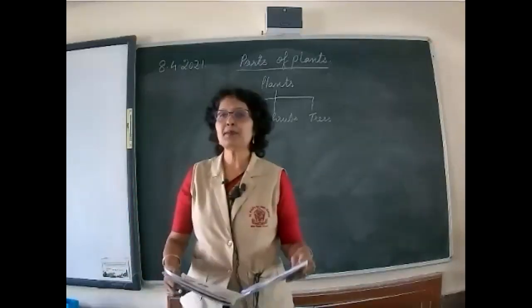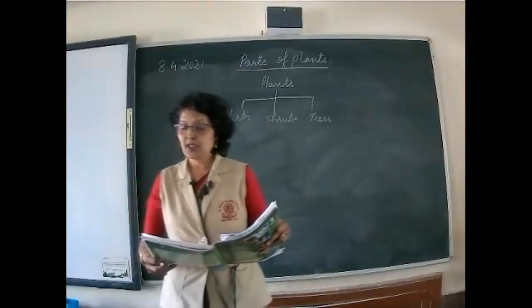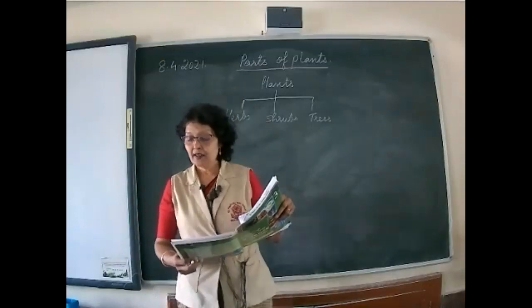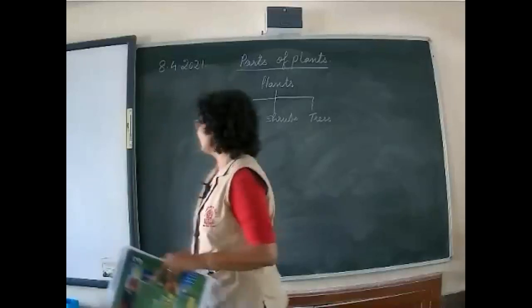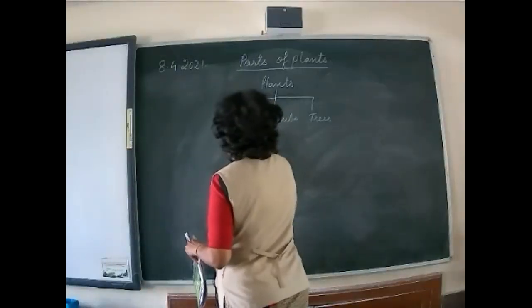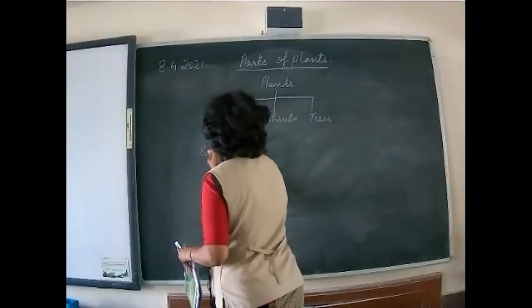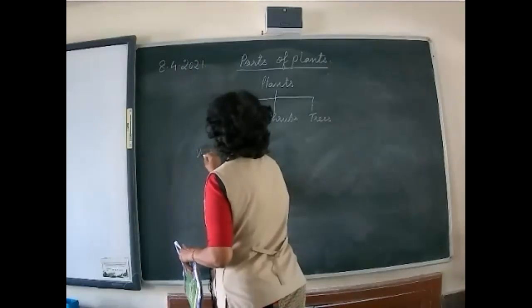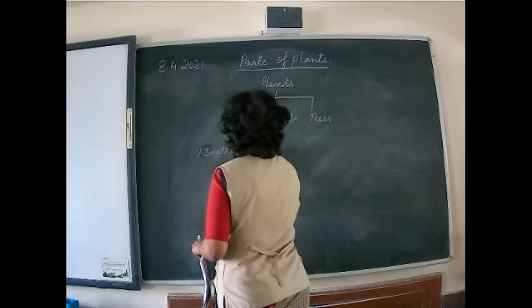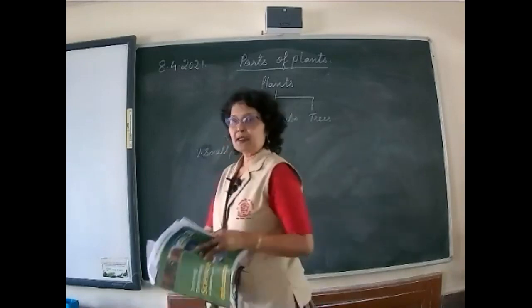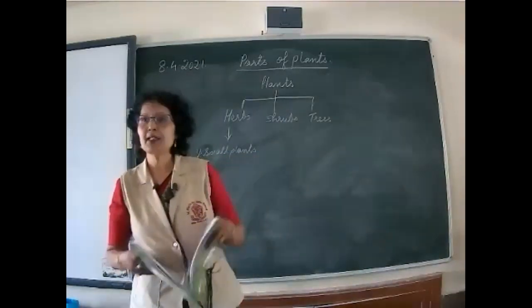Herbs are very small plants. They are smaller than shrubs, like tomato, carrot. Very small plants are called herbs. Is that clear? Shrubs are medium-sized plants.